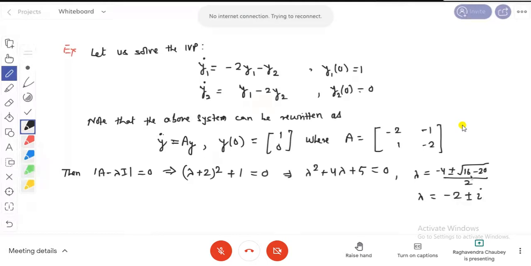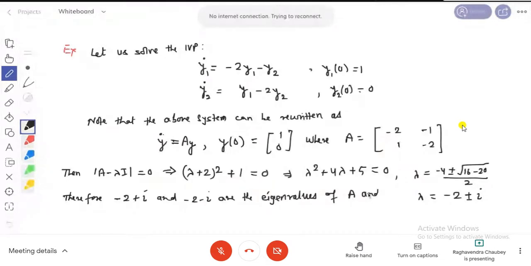Okay, so we can write the corresponding solution directly if we have complex roots. Therefore minus 2 plus i and minus 2 minus i are the eigenvalues of this matrix A, and so the solution is y(x) equals e to the power Ax y0.